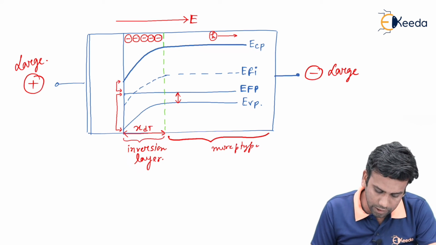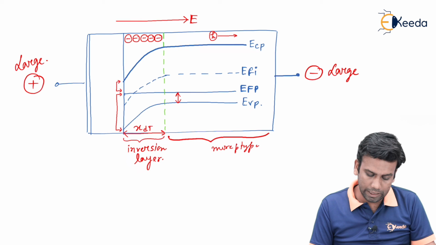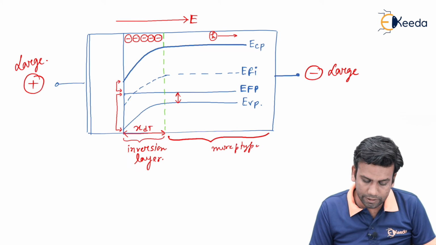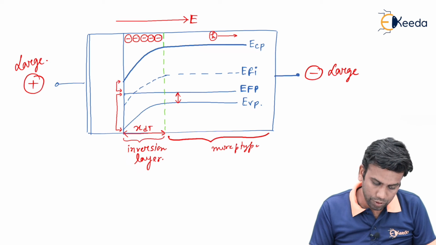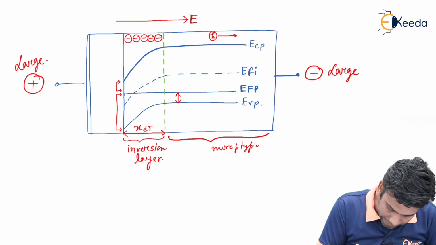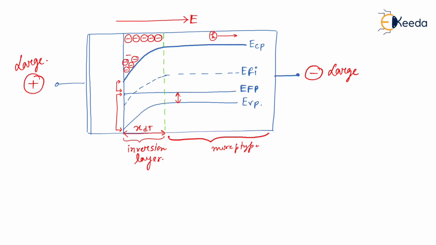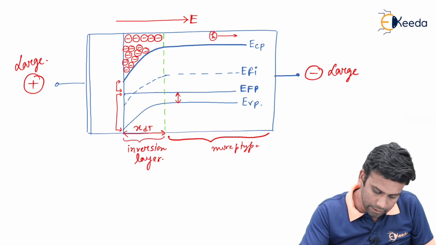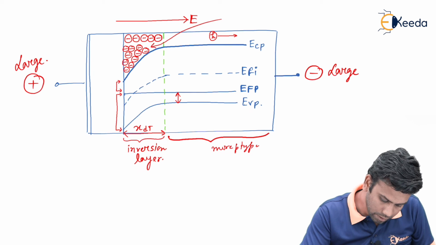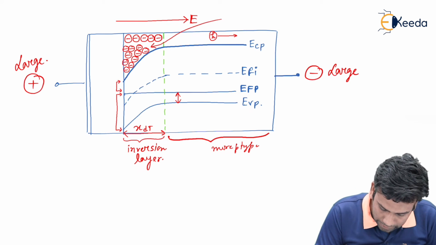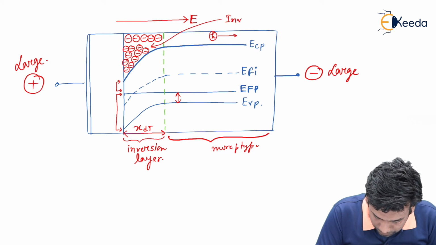So, x dt is the thickness of the inversion layer, and this is the band diagram of inversion mode. That means negative charges have been accumulated here, and these are called the inversion layers of negative charges.